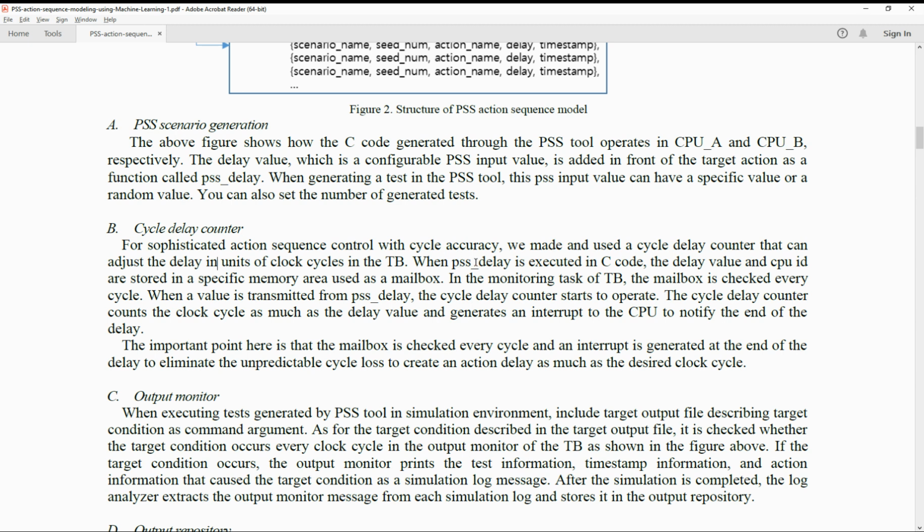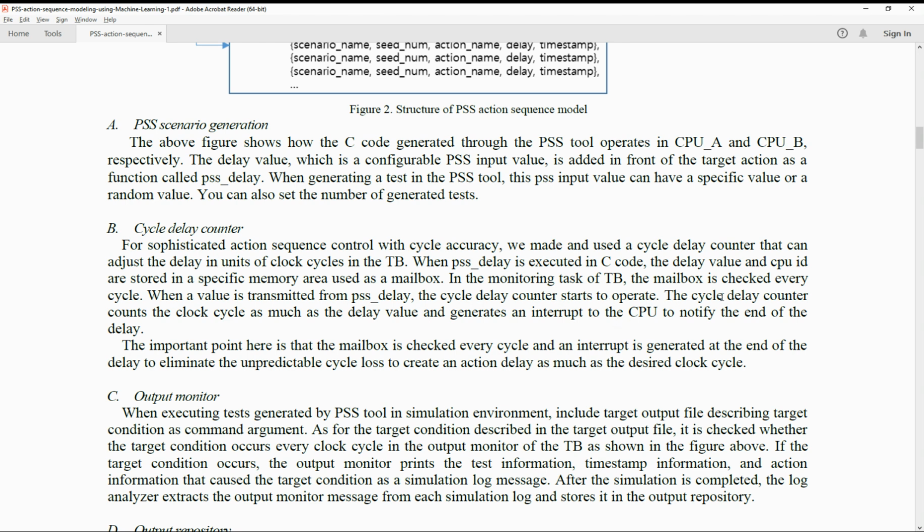When PSS delay is executed in C code, the delay value and the CPU ID are stored in a specific memory area used as a mailbox. And in the monitoring task of the testbench, the mailbox is checked every cycle. When a value is transmitted from PSS underscore delay, the cycle delay counter starts to operate.